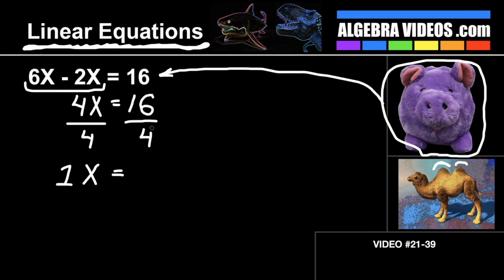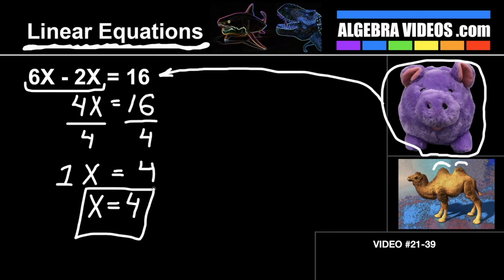And that equals what's on the right side, 16 divided by 4, and that's 4. So 1x equals 4, or x equals 4. And that is the solution to our problem. I'll just draw a rectangle around it. X equals 4. That's the answer.